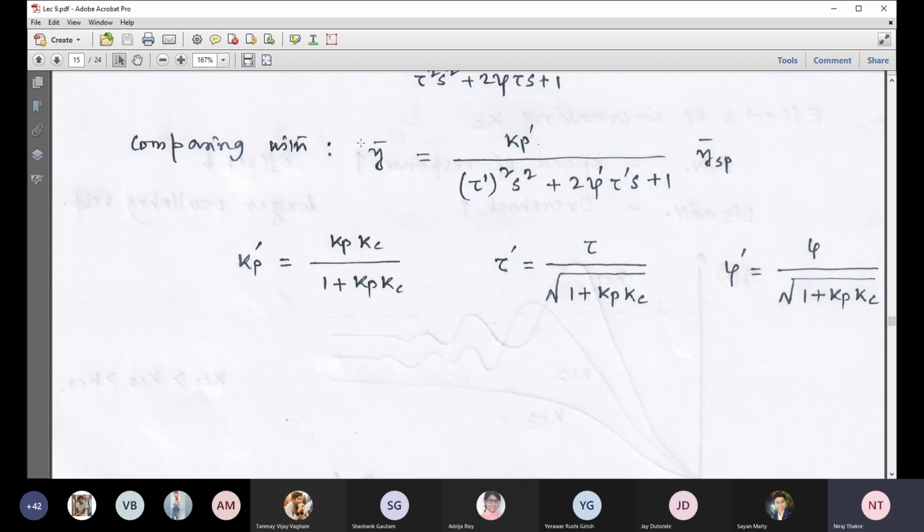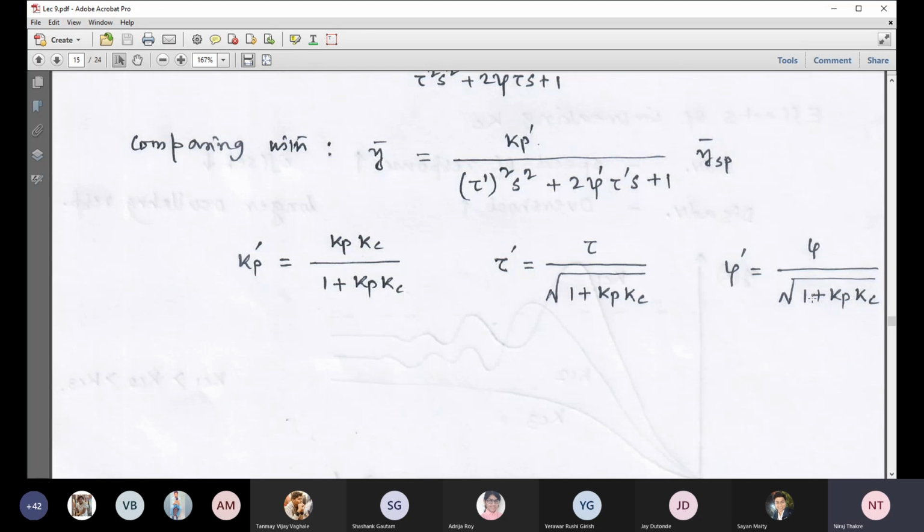You note this down. We have started with a second order open loop process and ended with a second order closed loop process under a P only controller. So there is no change of order. This is the first point. Second point, as usual, Kp is greater than Kp prime, tau is greater than tau prime, and zeta is greater than zeta prime. You try to find the physical significance.